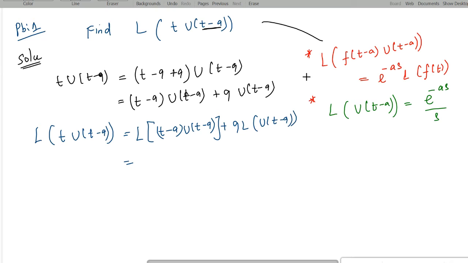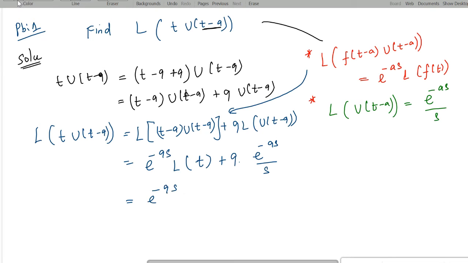Now you can apply this property here. If you apply, you get e power minus 9s L of t plus 9 into e power minus 9s divided by s, which is equal to e power minus 9s L of t.